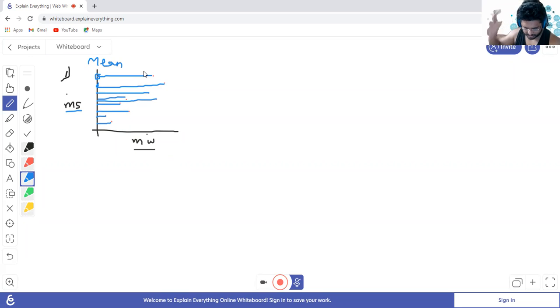Is the mean here the whole y-axis? Sorry, tell me again, Deepika. This mean is this whole y line, the y-axis here? Yes. So this is the fit.